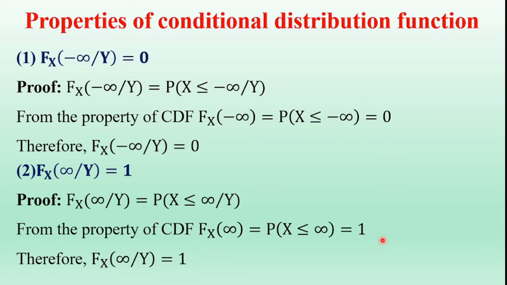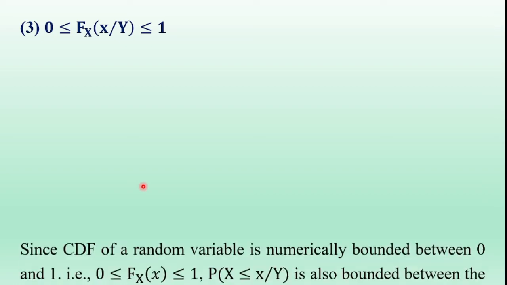And third property: from the first property, Fx of minus infinity by y is equal to 0, and from the second property, Fx of infinity by y is equal to 1. Therefore, from the third property, the cumulative distribution function of the random variable is numerically bounded between 0 and 1. That is, 0 less than or equal to Fx of x by y less than or equal to 1.